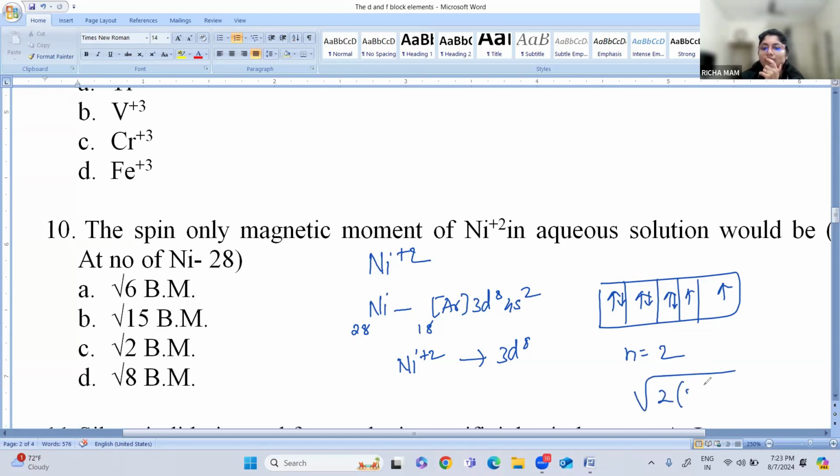So 2 into 2 plus 2, so it will be 2 into 4, which is 8. So square root of 8. So option number D. Who all have got it as option D? Yes, Akhila has got, Shivaruni has got. Very good. Lubna has got. Very good.